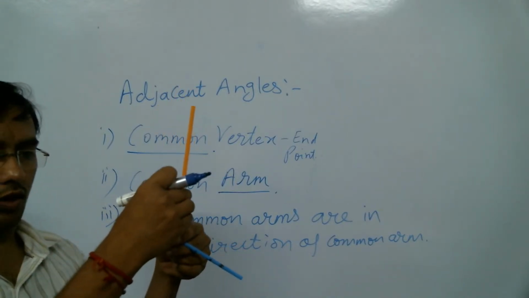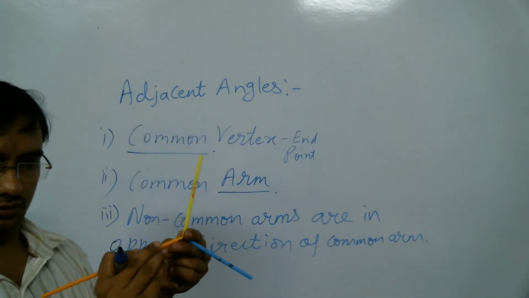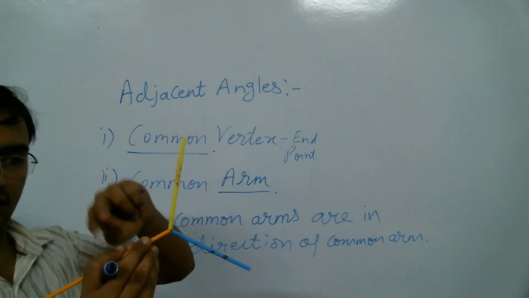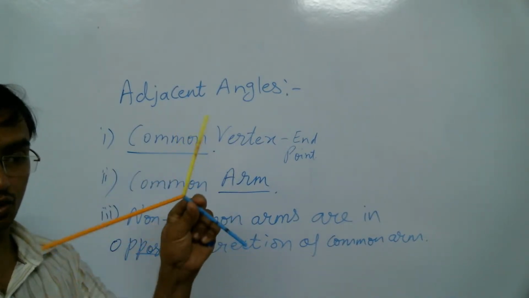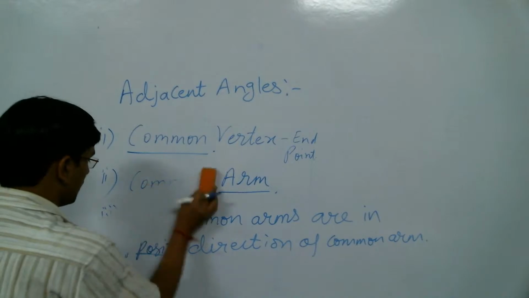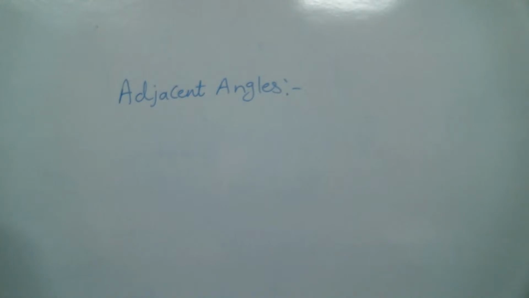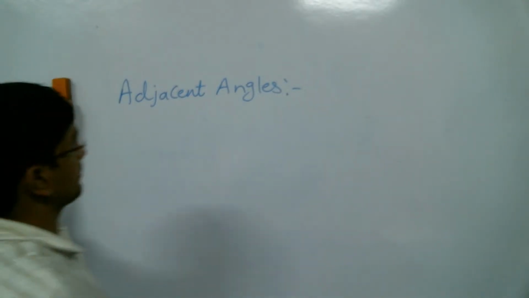But if this common arm is in one direction, so these two are non-common arms in the same direction, this is not adjacent. Then we have seen that when adjacent angles are supplementary, they are called a linear pair. So linear pair questions all of you solved, I think. Yes. We have seen so many questions on linear pair.